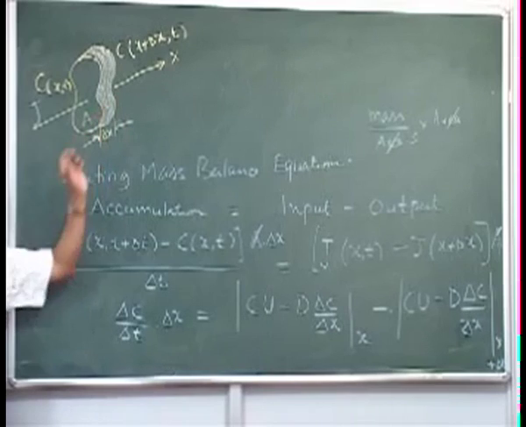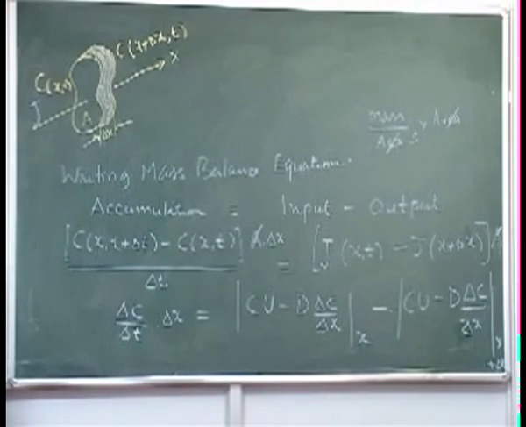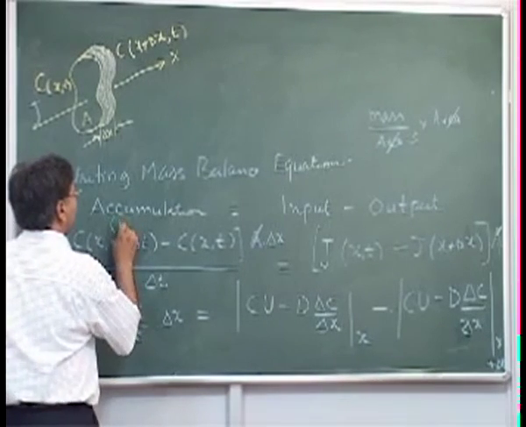I am not talking about the faces. So how will the concentration in the strip change? It will only change because of change in the time domain. So this is the accumulation in the strip.